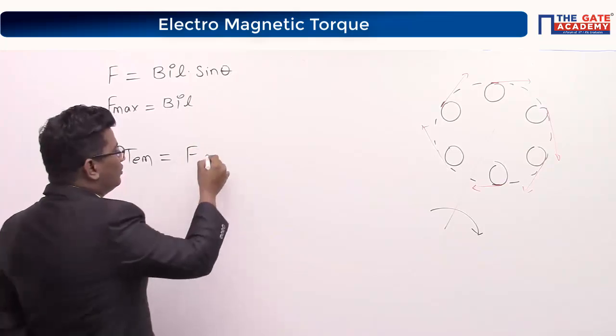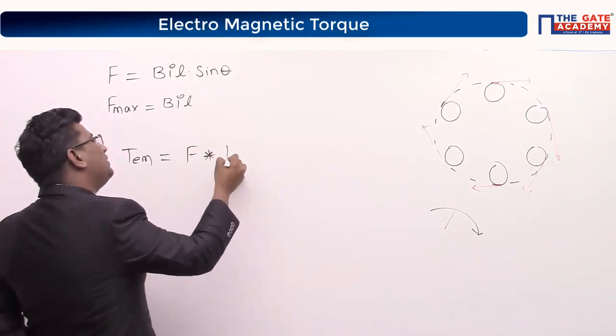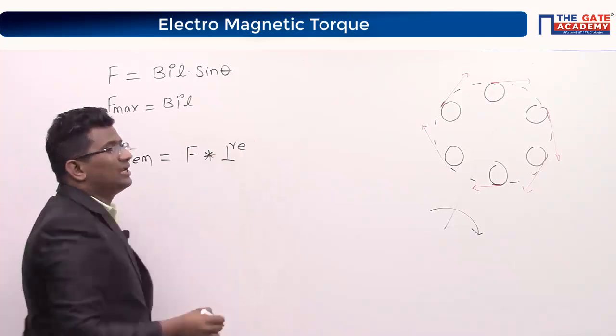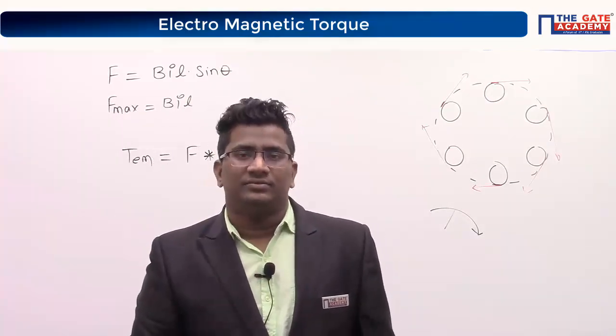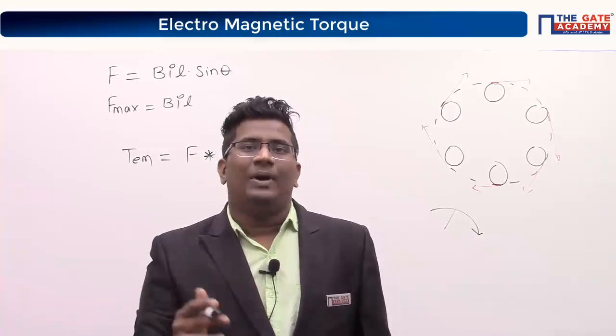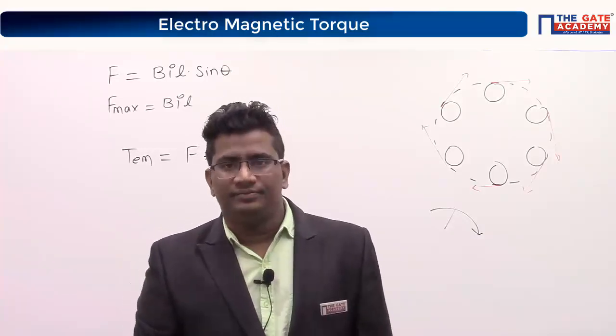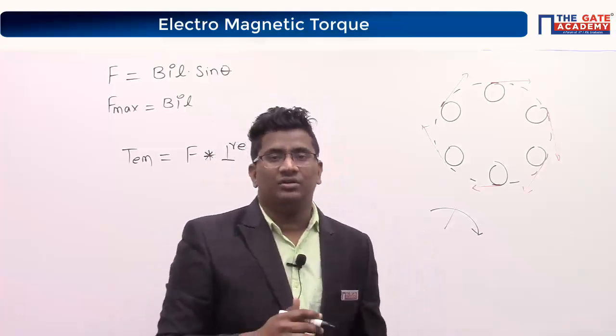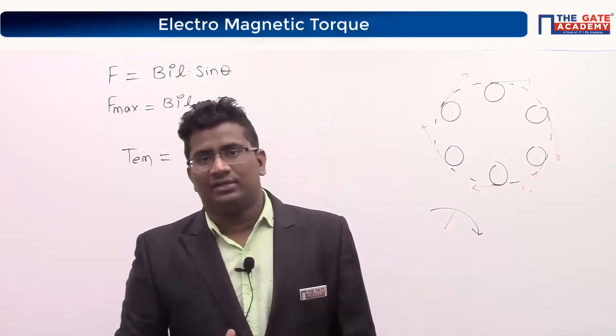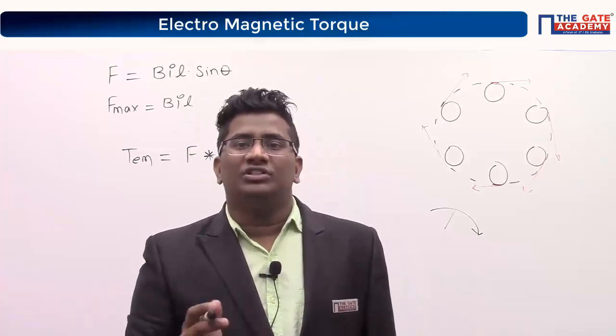Force into, people will say perpendicular distance. Force into perpendicular distance, from where to where? Whenever I ask this question, most people answer like this only: force into perpendicular distance.